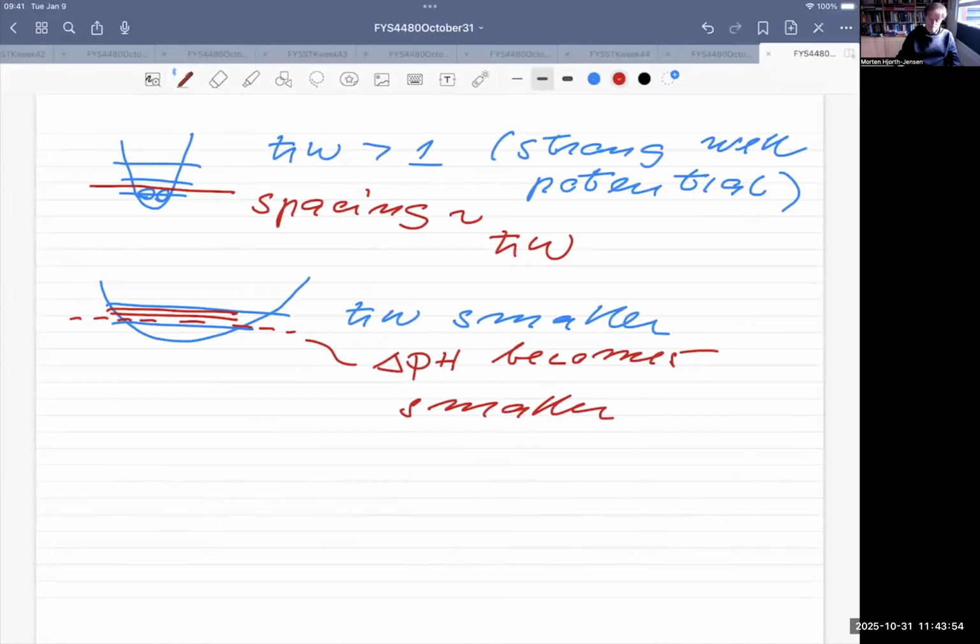Now, on average, if you calculate with interaction, since these are electrons, that could be the Coulomb interaction. Now, if we set up the Coulomb interaction, what you would expect is when the well has a frequency which is much larger than 1, then the well is getting very tight and the particles are getting closer to each other.